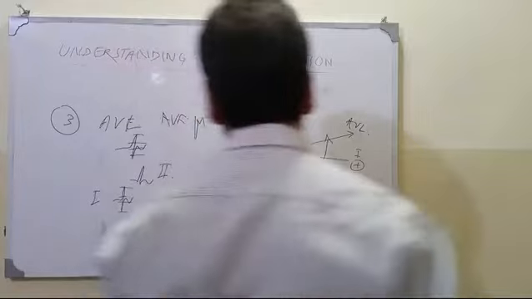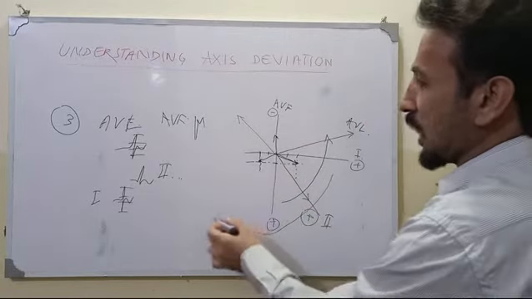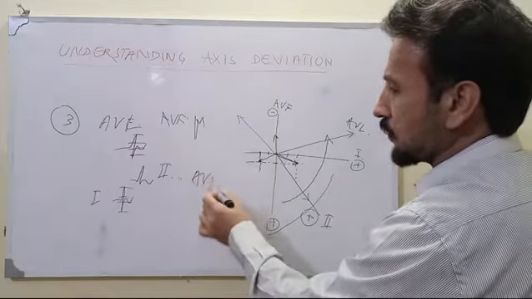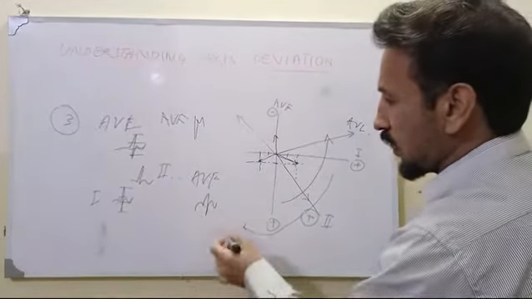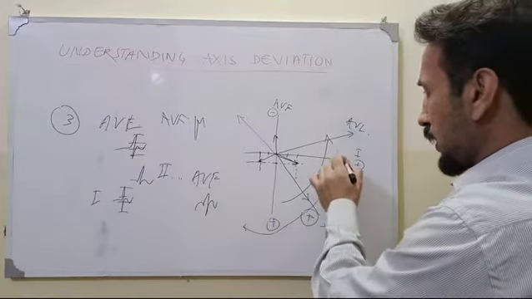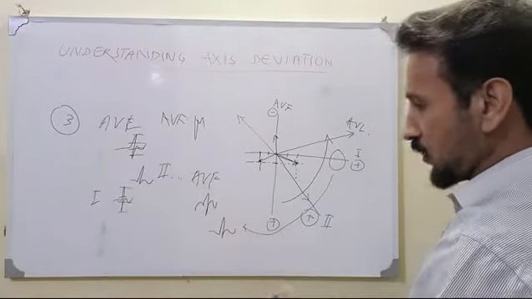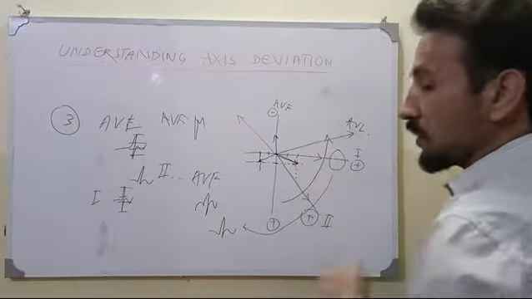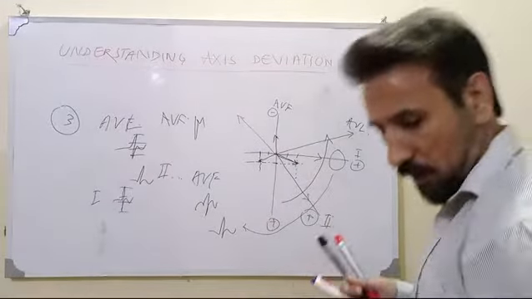Again, if I take another vector, for example, if AVF has an equal upward and downward deflection, the lead which is at a 90 angle to AVF is lead 1. Now if lead 1 has an upward deflection, this means the cardiac vector is here. It's very simple. It can be calculated even for the AVR as well.